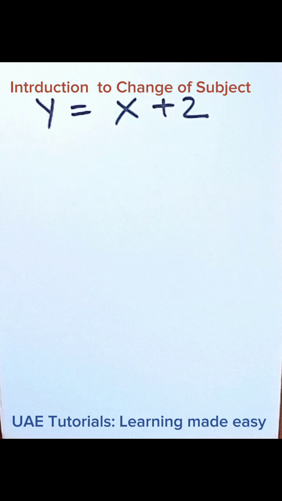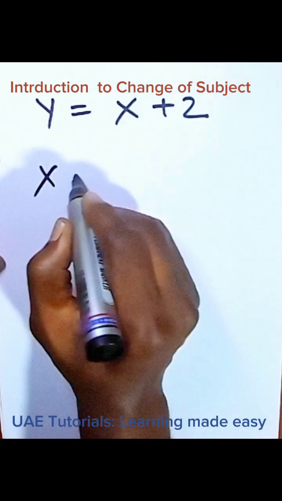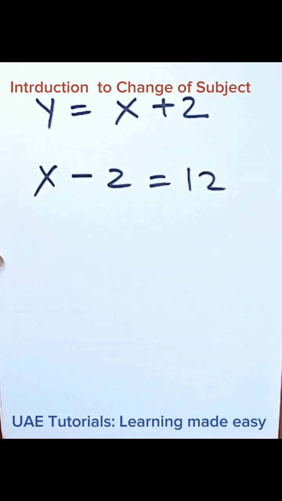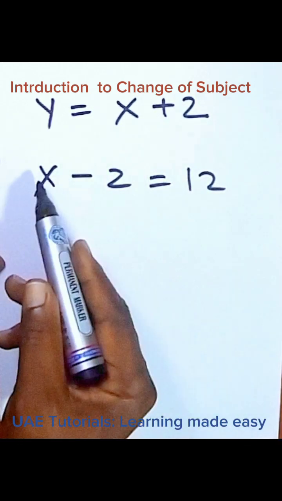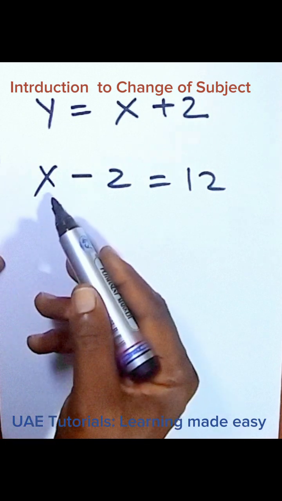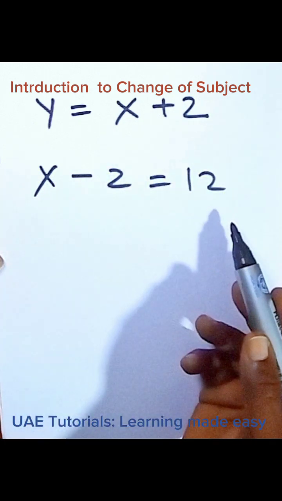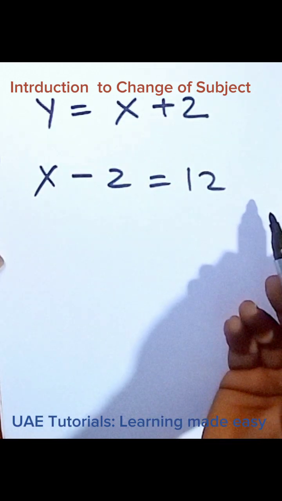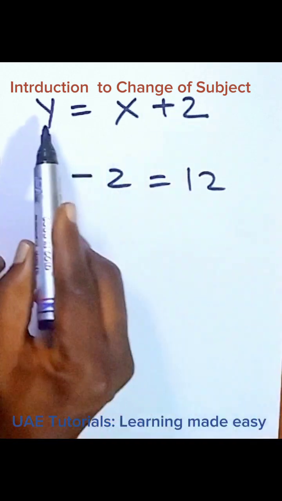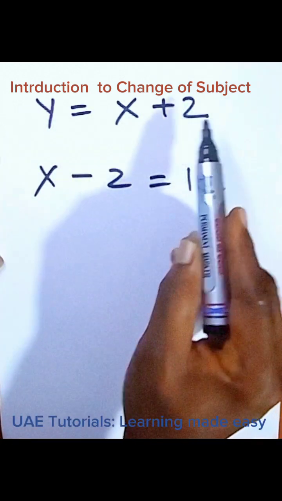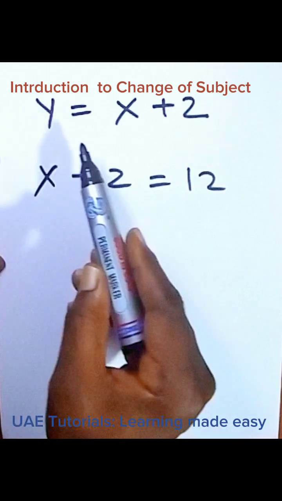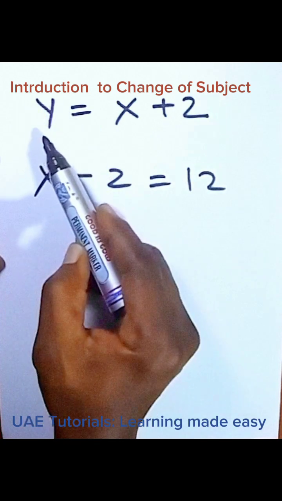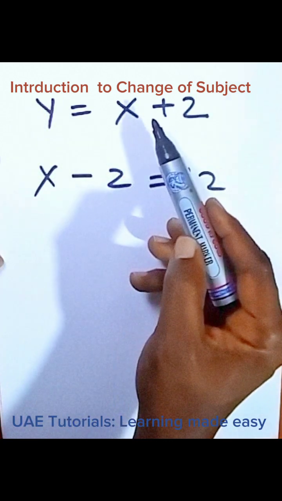Unlike when we have something like x minus 2 equals 12. In this case, there is only one variable. And to get this one variable is just to manipulate these numbers. Like we mentioned in the last video, just move this minus 2 to the other side and it becomes plus 2, so we'll get x. But in this other one, there are two variables, the unknown variable and then the known variable. So we have y as a variable and then we have x as a variable.